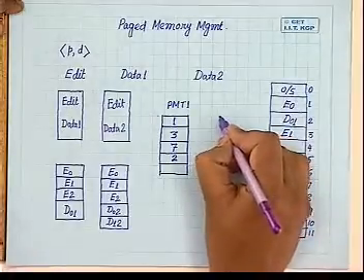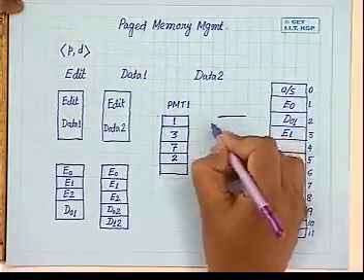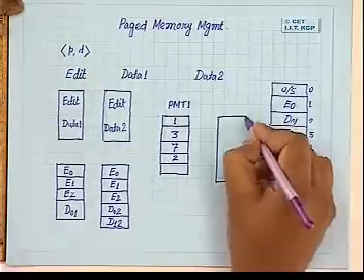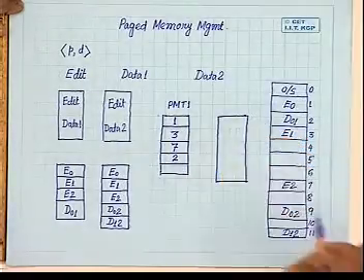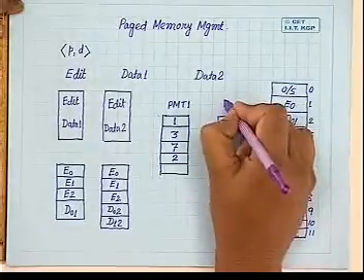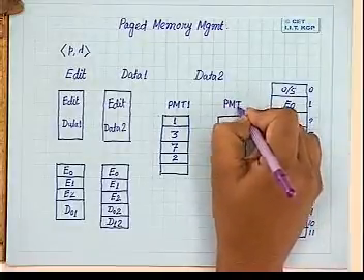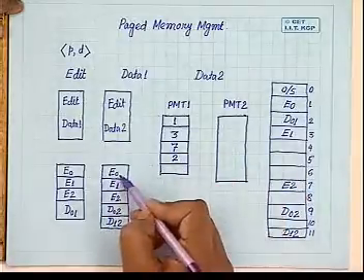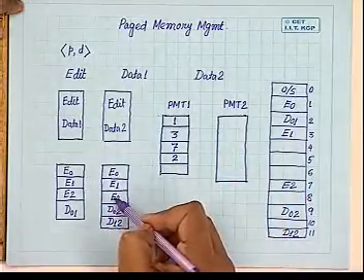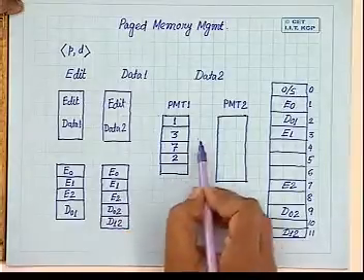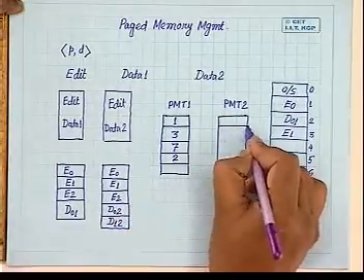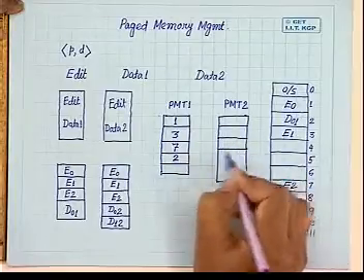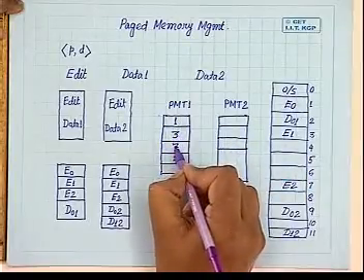Similarly, I can also construct the page map table for user program 2. So this is PMT2. And here, because the first 3 pages are shared, the content of the first 3 entries in PMT2 will be the same as the first 3 entries in PMT1.